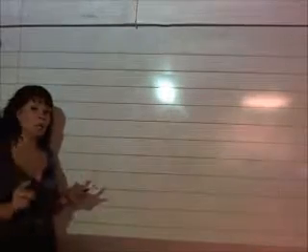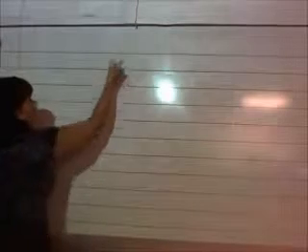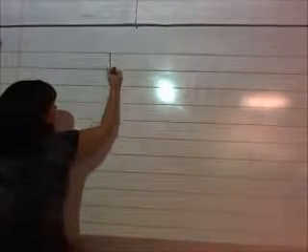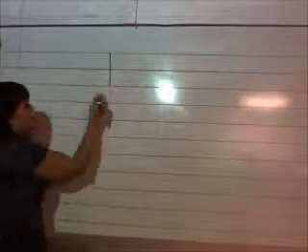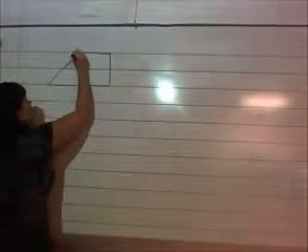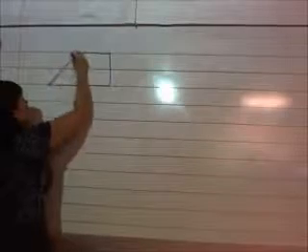This time, we're going to make a trapezoid. Now, a trapezoid can look all sorts of different ways. But this is how I want my trapezoid. That's supposed to be straight. So I'm going to have it go like that. Alright, so there's my trapezoid.